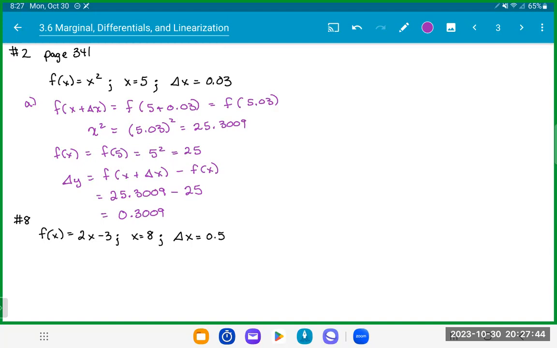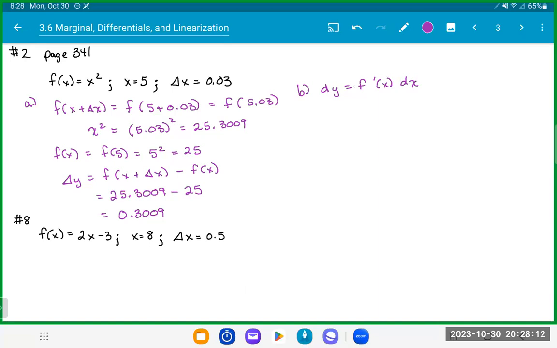All right. So the second part of this problem, part B, was we were looking to change a y for the given x and y. For part B, they want us to take dy equal to f prime of x dx.